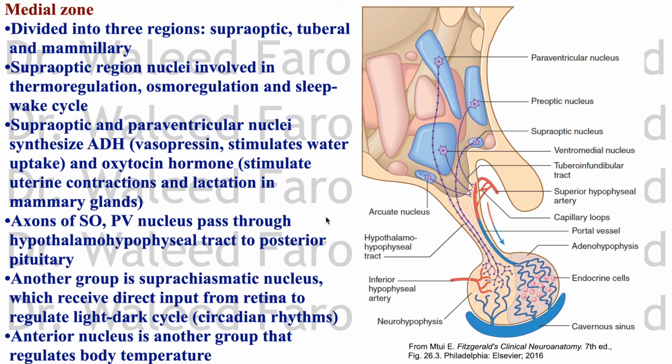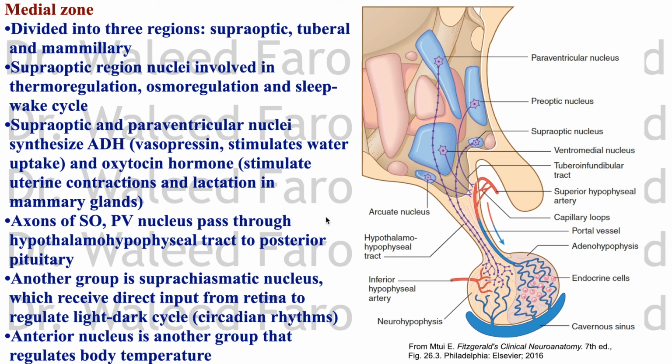The medial zone is divided into three regions: the supraoptic, the tuberal and mammillary. The supraoptic region has nuclei involved in thermoregulation and osmoregulation and sleep-wake cycle. This thermoregulation center, when affected by toxins produced by invading organisms like bacteria or viruses, that's why we get fever.